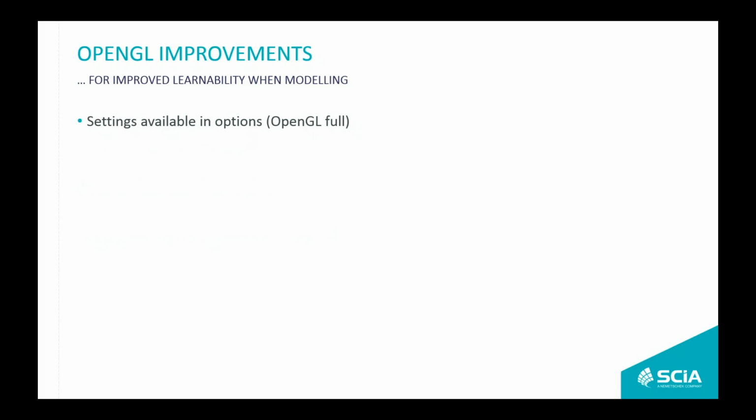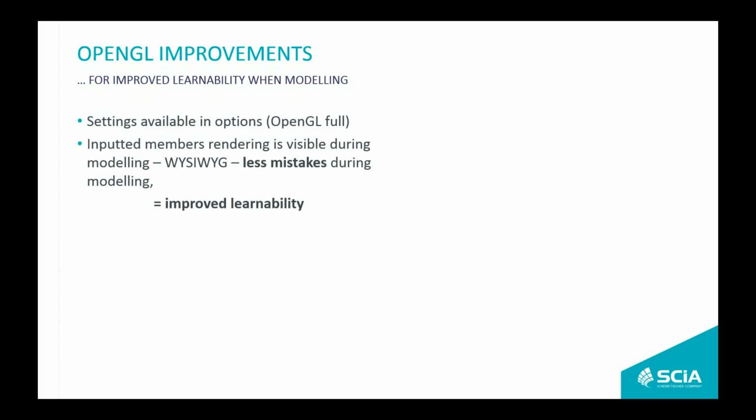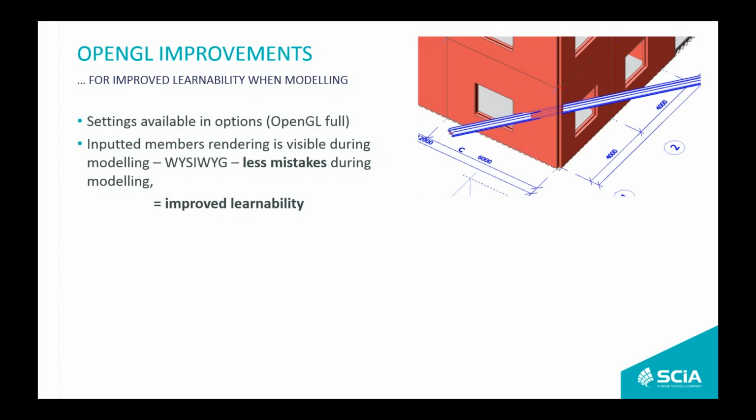Let me now continue with some technical improvements that I think would bring benefit to you all. And first one is with the OpenGL improvements. The OpenGL is a library used for rendering in SCIA Engineer, and we improved the rendering so that the rendered volumes are possible to view during the inputting of members.